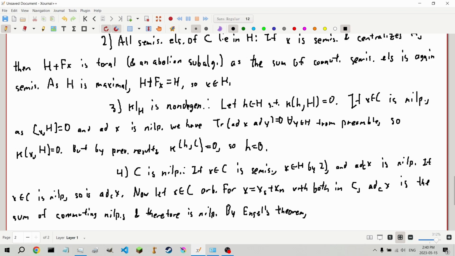Since this is for arbitrary X in C, C is nilpotent.